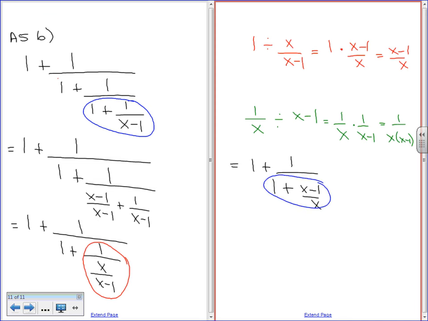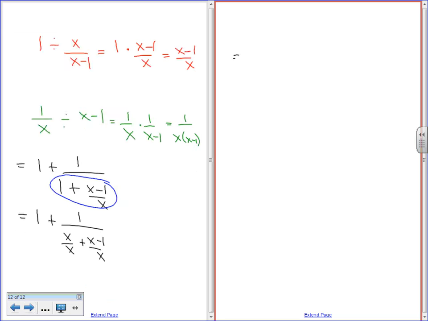So the blue part is 1 plus 1 over, find a common denominator, which is going to be x over x plus x minus 1 over x. One plus 1 over, adding the fractions, you would get 2x minus 1 over x. Again, it's 1 divided by 2x minus 1 over x.